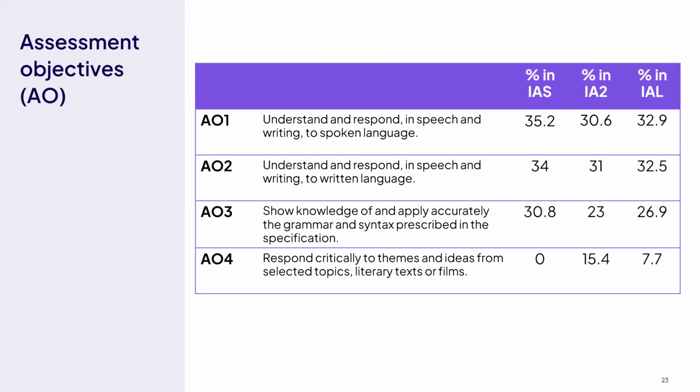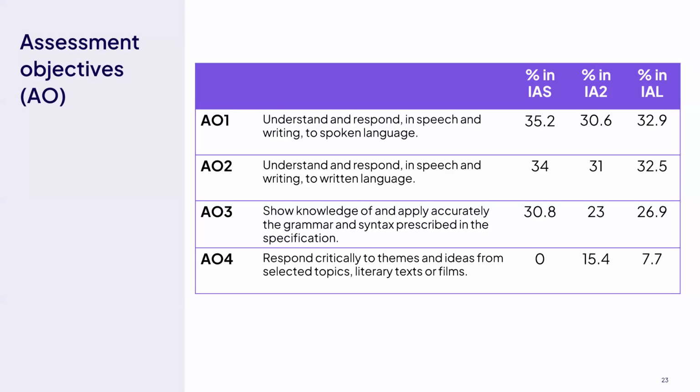Okay. So, schematically then, assessment objective 1 is understand and respond in speech and writing to spoken language. So we understand and respond to spoken language in writing when we do the listening comprehension.